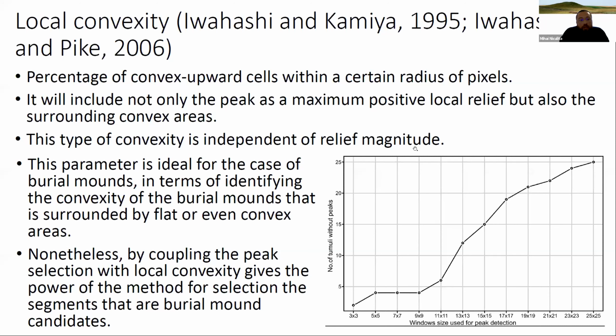Local convexity, which was introduced in the literature by Iwahashi and Kamiya in 1995, computes the percentage of convex upward cells within a certain radius of pixels. This parameter is ideal for burial mounds in terms of identifying the whole convexity of the burial mound, beside the peak, which can be selected using simple filters.